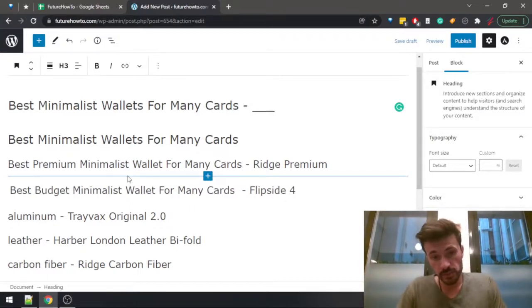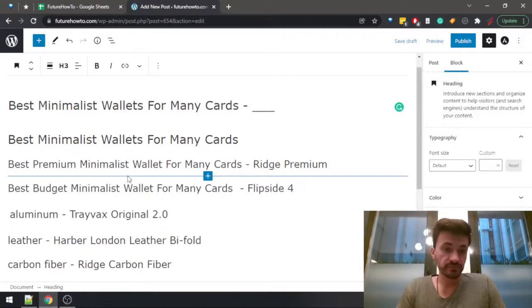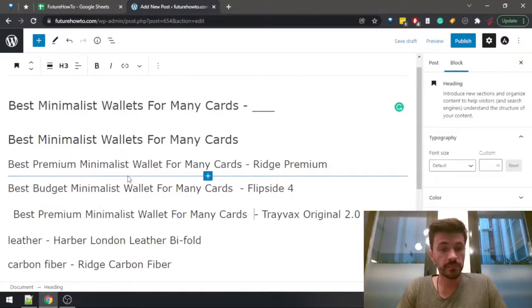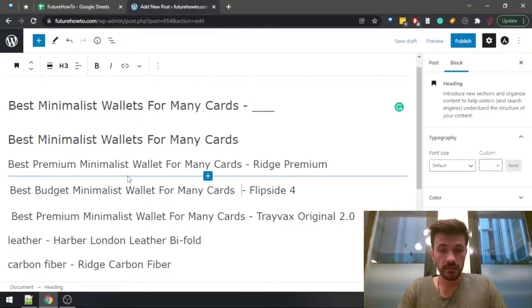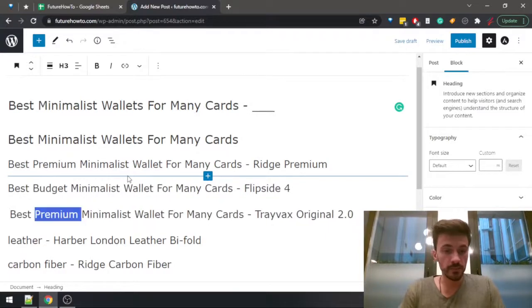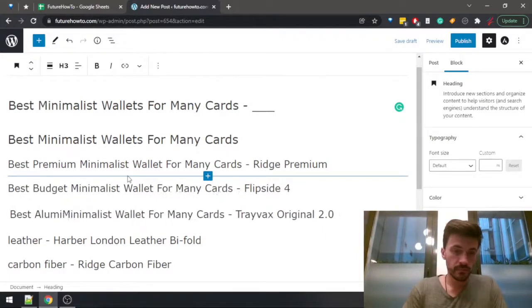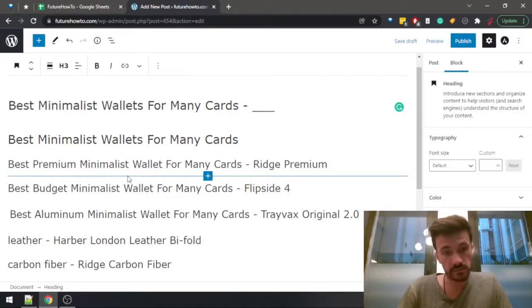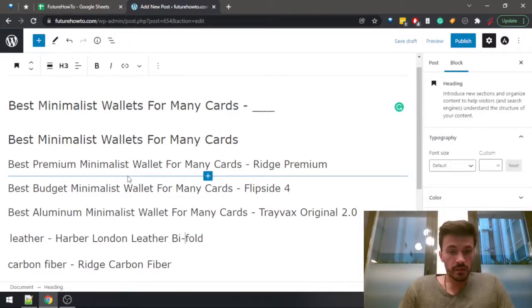Best budget minimalist wallets for many cards. Yeah, the same. Best aluminum minimalist wallet for many cards. Best leather.